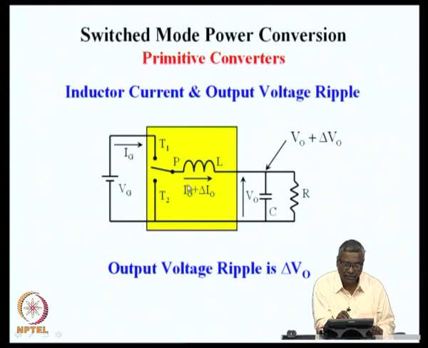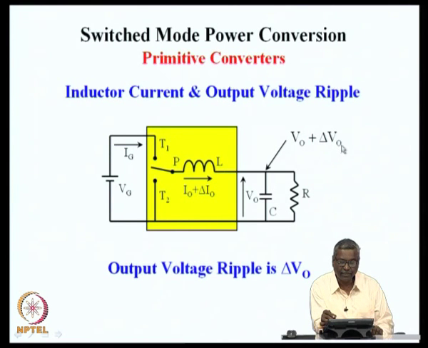What we notice is that this current in the inductor has the ideal value I naught plus a ripple delta I naught, and this we had already evaluated to be a function of the switching period, inductance, duty ratio, Vg and so on. Now, the next non-ideality we are looking at is the output voltage V naught, and what is the amount of variations or ripples that are present on that.